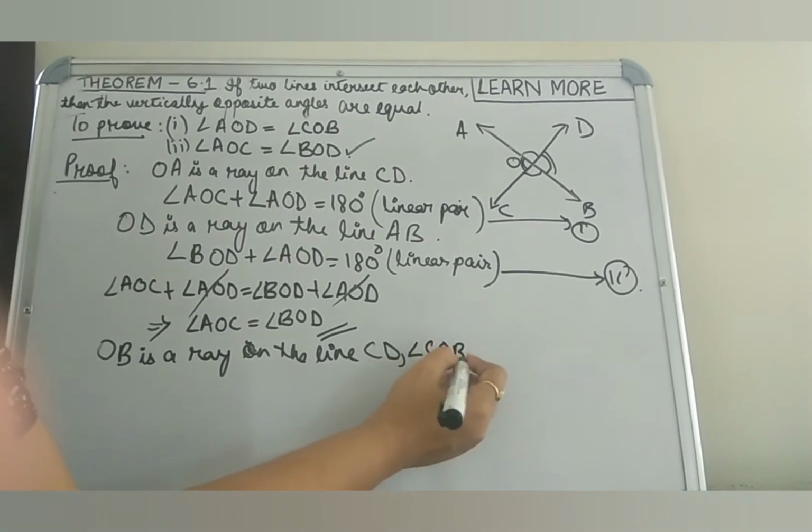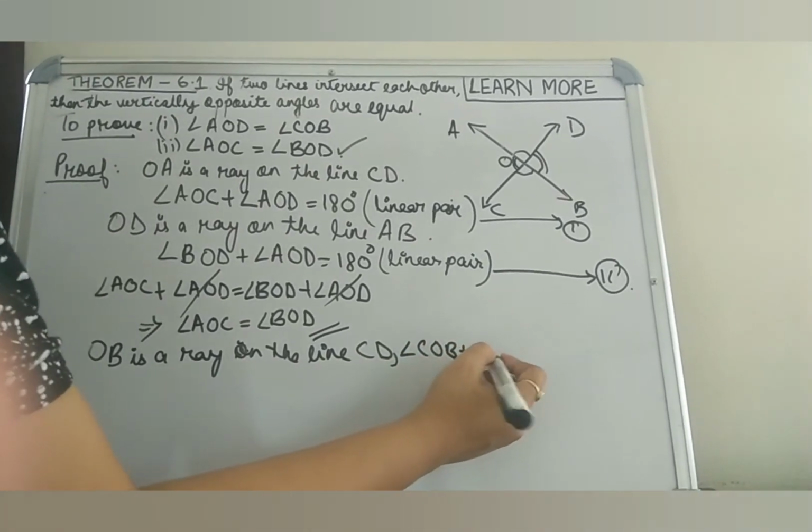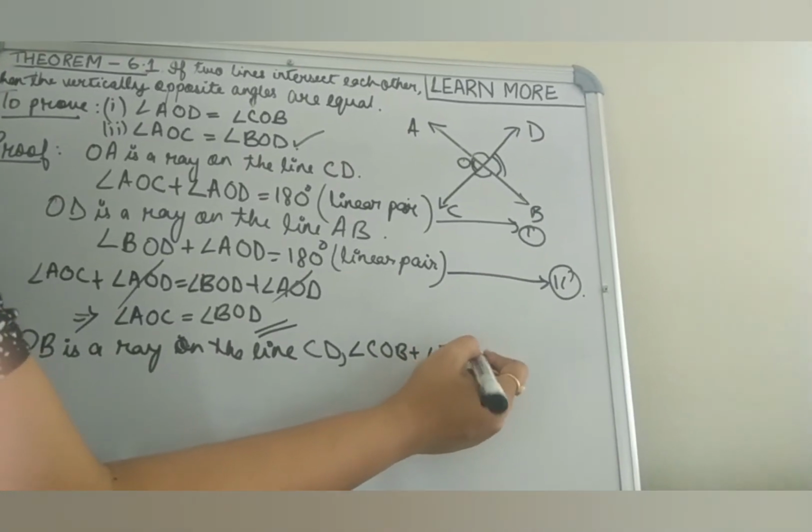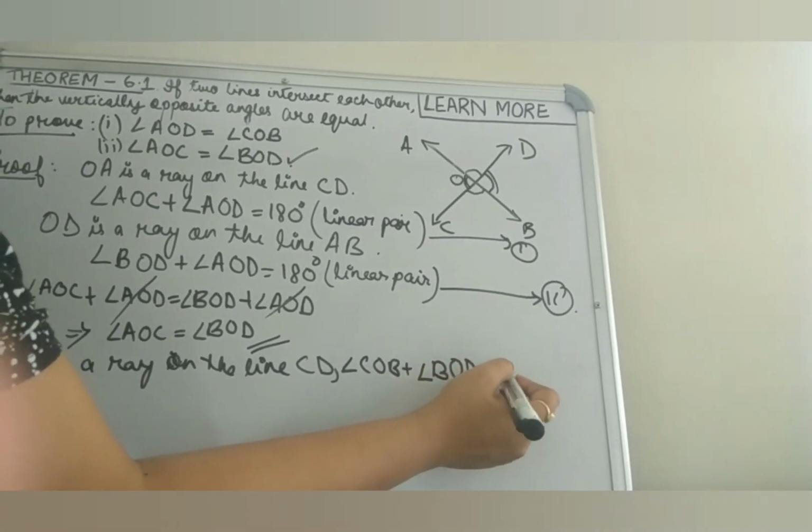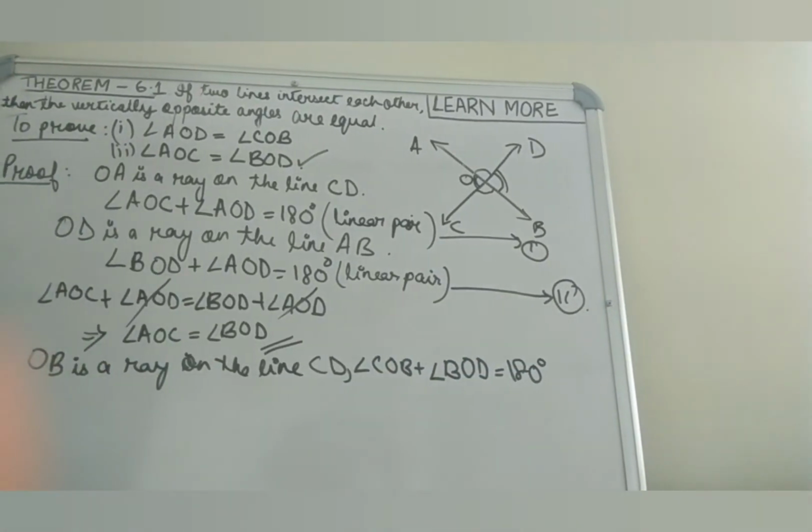Angle COB plus angle BOD will be equal to 180 degrees.